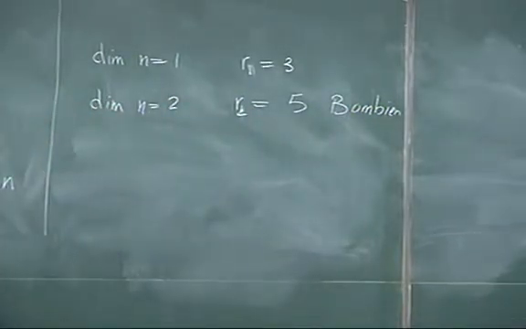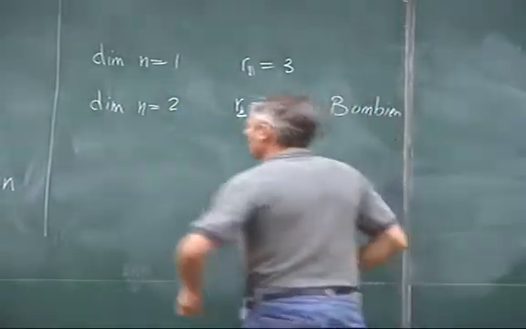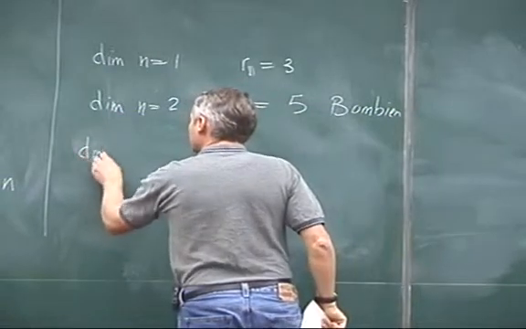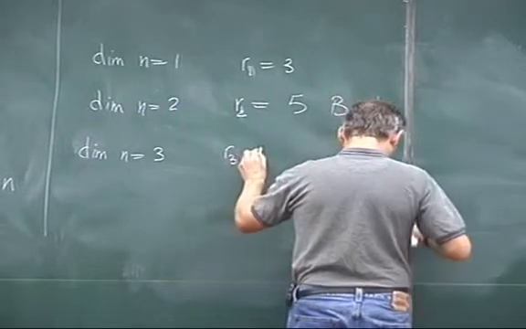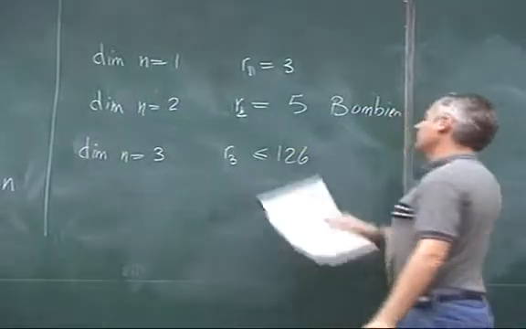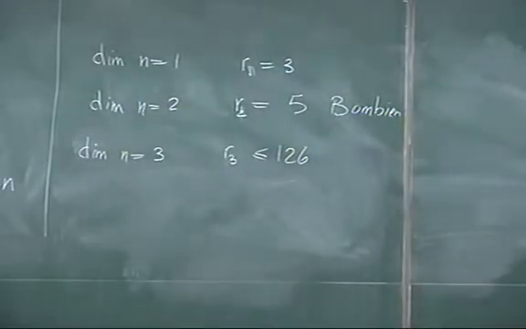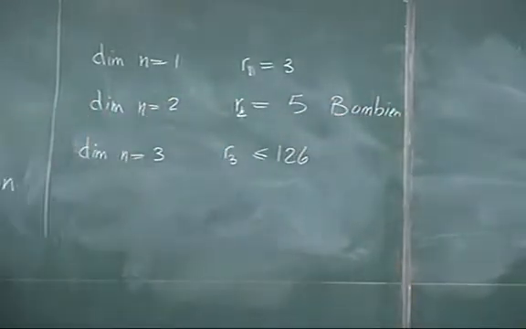And again, it's kind of interesting to classify what happens in the exceptions. And then quite recently, a very nice result indeed, dimension 3. Well, this is probably not optimal, but 126 will do. It sounds like quite a large number, but before that, I think people thought the number was going to be in the thousands.